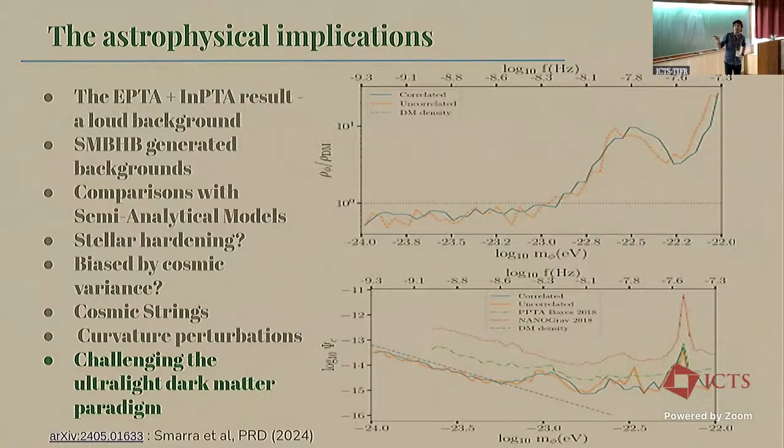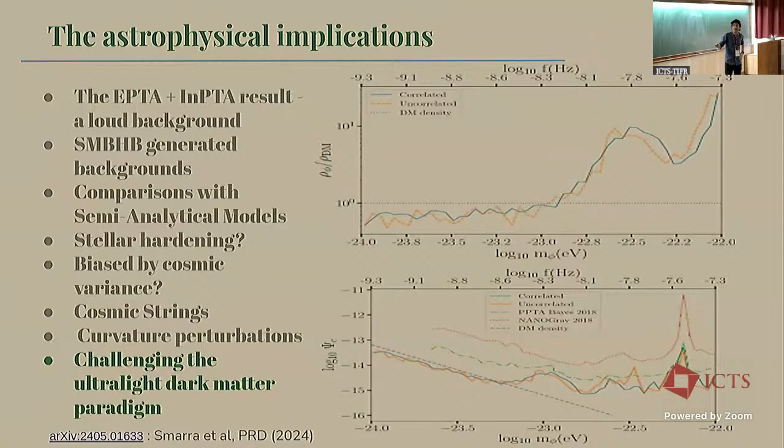Again, because we have this extended timing baseline of 25 years, we are able to probe down to a much lower energy range. And that tells us that we cannot have more than 70% of the needed ultralight dark matter as far as PTAs are concerned. So we can rule out many of the models for ultralight dark matter production.